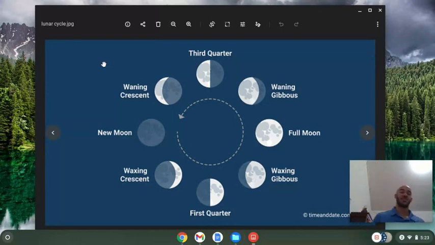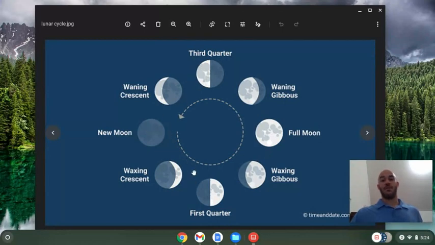But then you need to understand what the main or primary phases are versus the intermediate phases. Okay, so the primary phases are the new moon, first quarter moon, full moon, and the third quarter moon. You could do this: if we start with the new moon, we have 1, 2, 3, 4, 5, 6, 7. So they are the odd phases of the moon. Right?